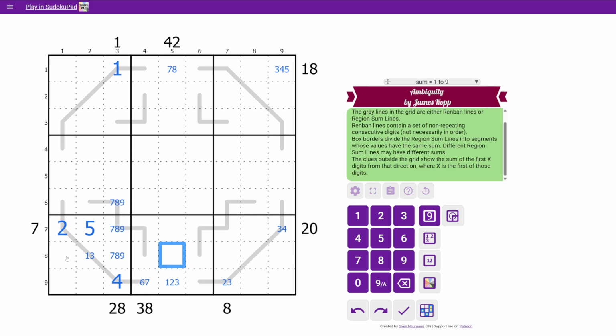So there is a 6 in this corner somewhere. And whatever is up here. So there's a 6 here. And whatever's in this corner is also down here as well.